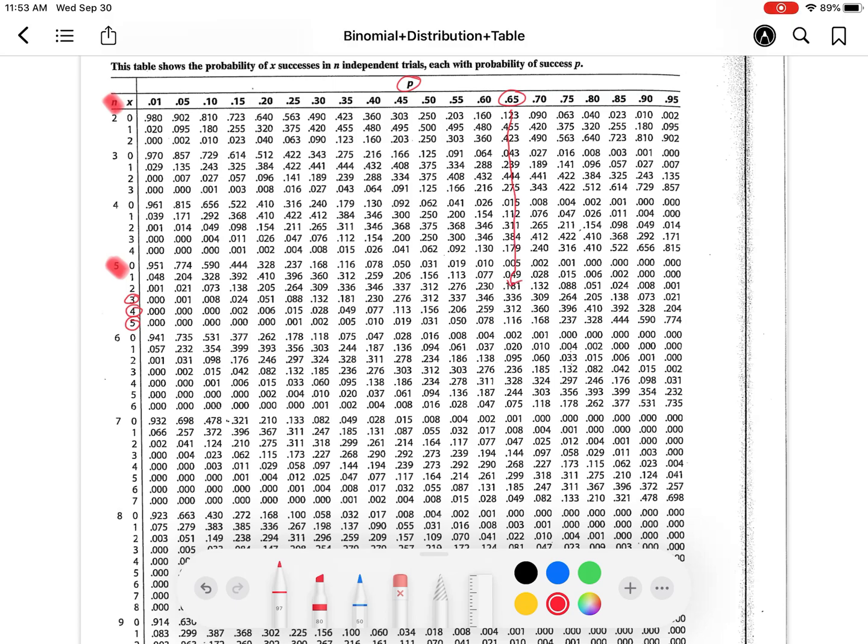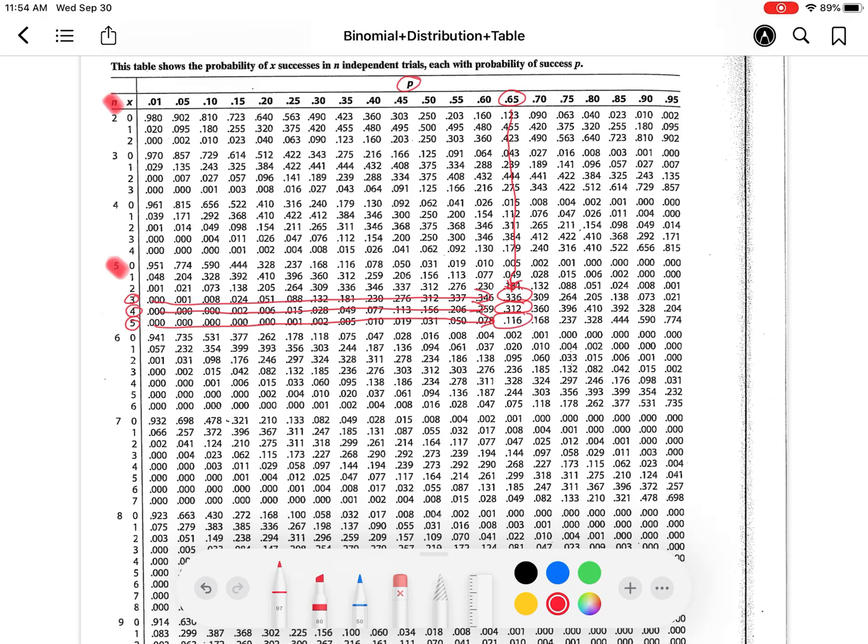So we're going to go down here. We're going to look up here, here, and here, right? We're going to have 3 numbers. First of all, for 3 people alive, you get 0.336. For 4 people alive, you get 0.312.